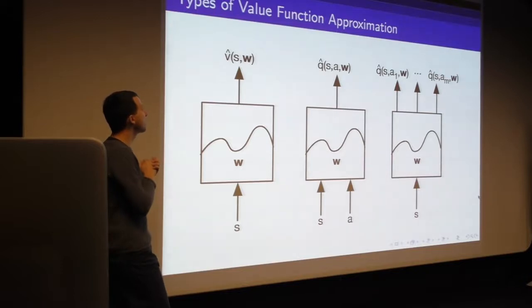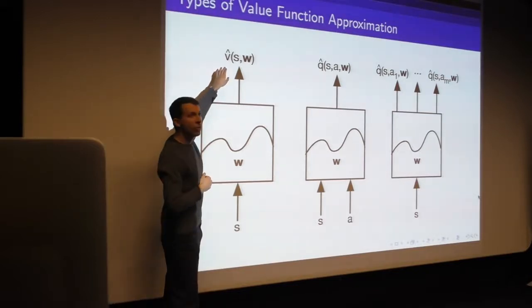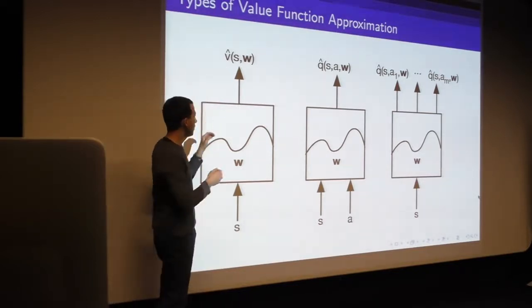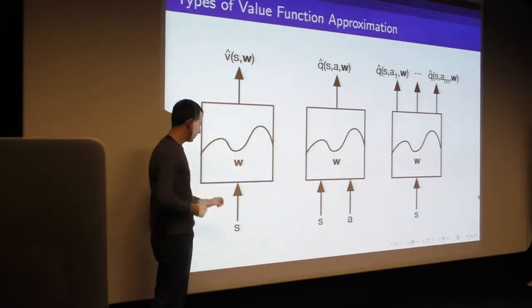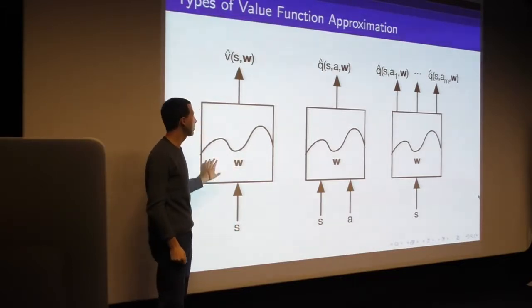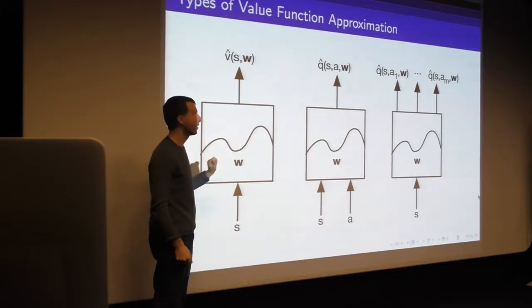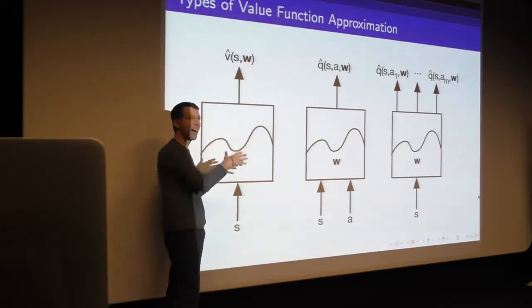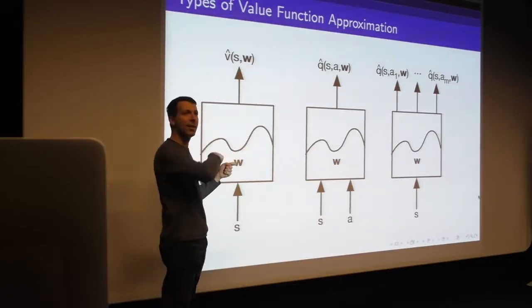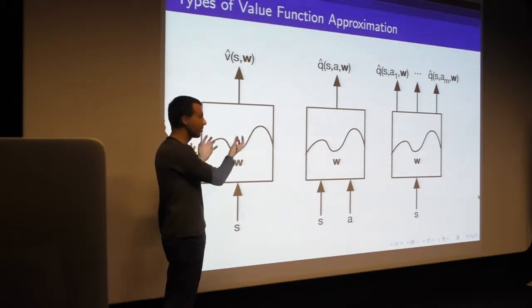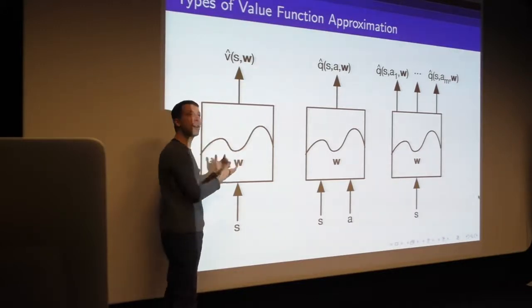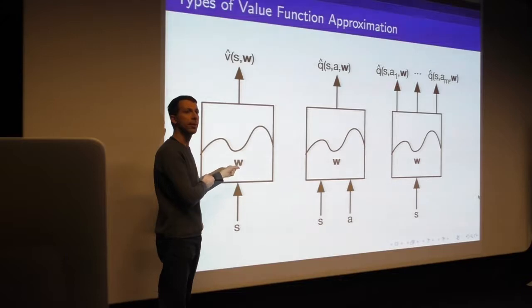Okay, and the idea is, if we're just trying to do state value function approximation, you've got this black box here, you feed in your state, and you've got something like a neural network. This wiggly line is supposed to represent the fact that there's some internal function that this thing is trying to fit and represent, using some internal parameter vector w.